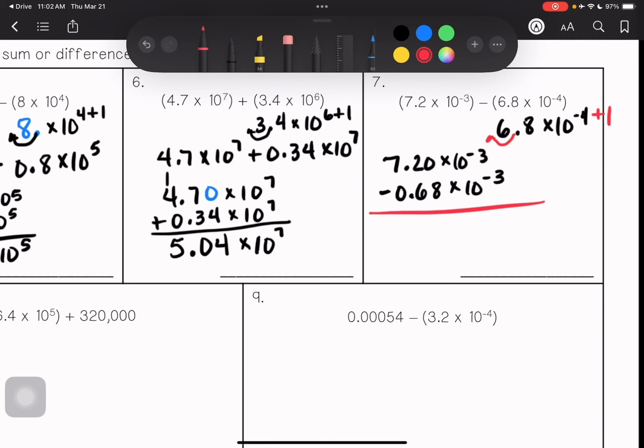I'm going to borrow from my 2. This becomes a 1. And the 0 becomes a 10. So 8 from 10 is 2. Borrow from the 7, it becomes a 6. Carry your 1. 6 from 11 is 5. Bring down your decimal. Subtract 0 from 6 is 6. Times 10 to the -3 is your final answer.